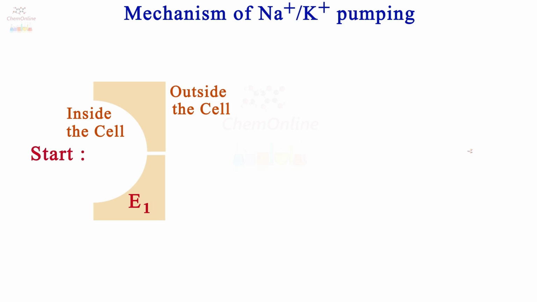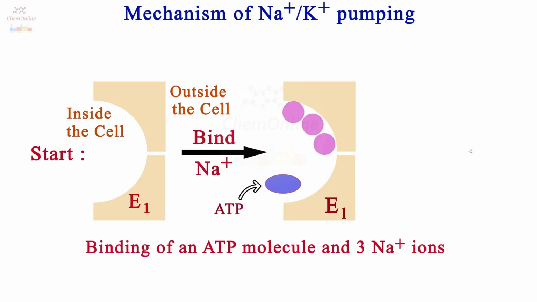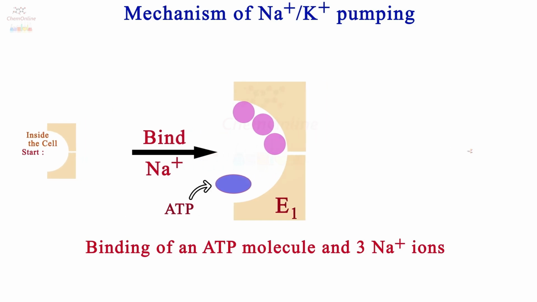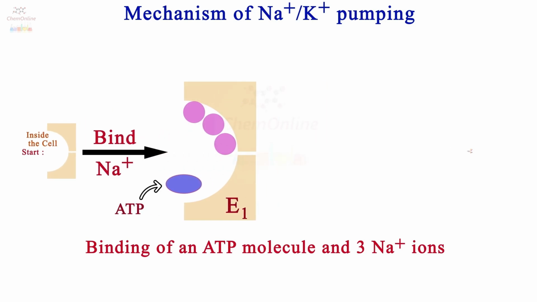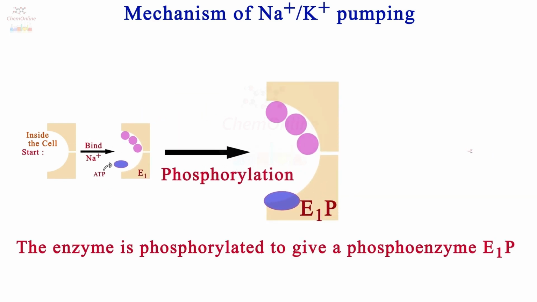So the first step is the binding of an ATP molecule and 3 Na+ ions from inside the cell. Now the enzyme is phosphorylated to give a phosphoenzyme E1P. So in this step, ATP is hydrolyzed to ADP, leading to phosphorylation of the enzyme, and that is represented as E1P.